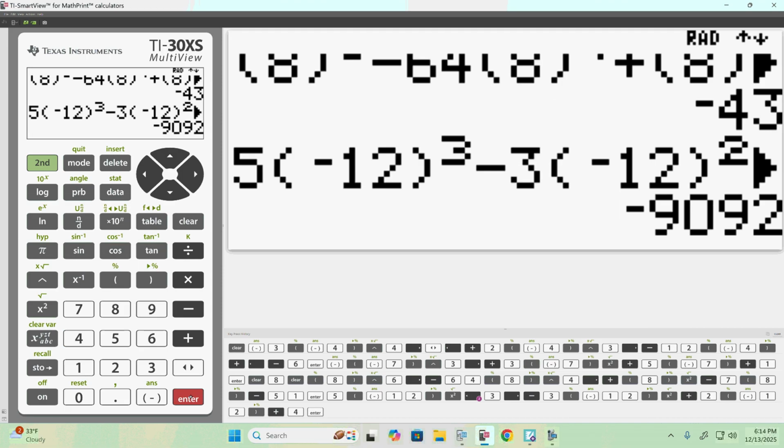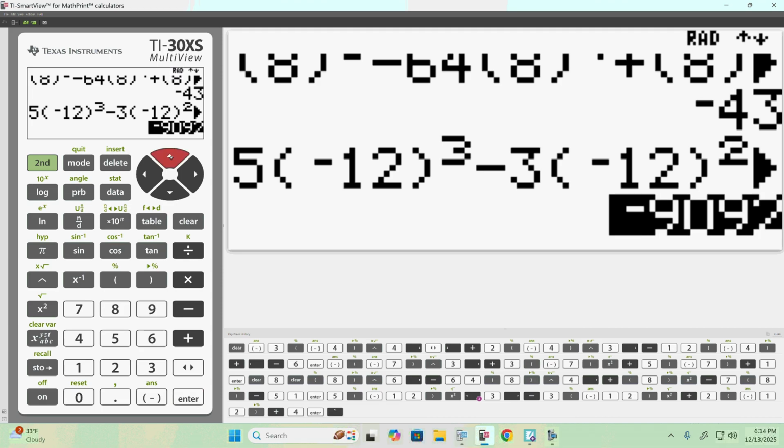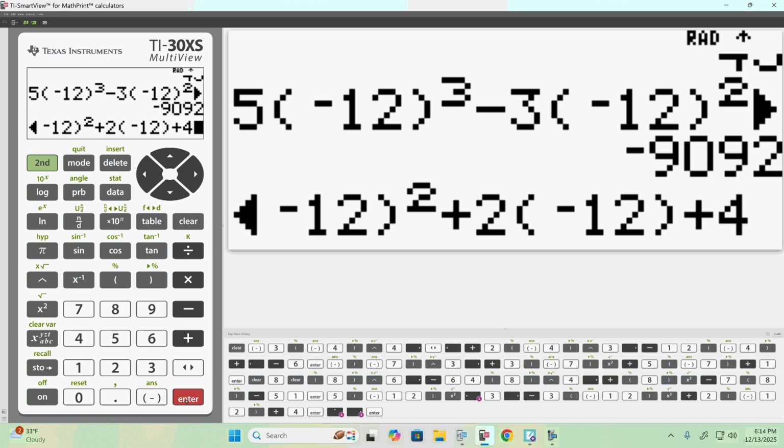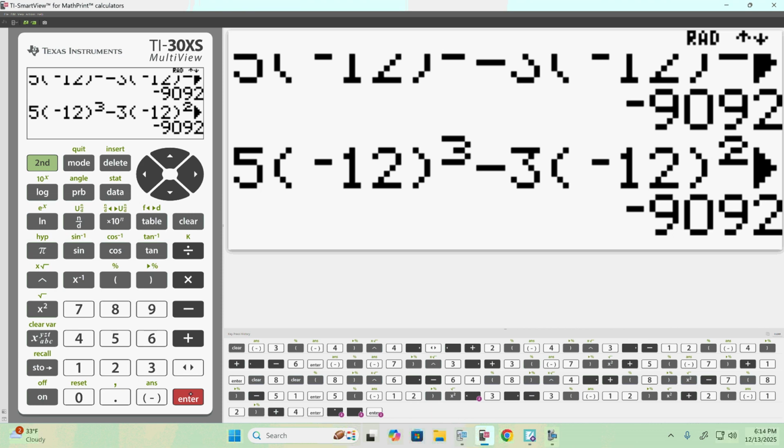All right, 5 times negative 12 cubed minus 3 times negative 12 squared plus 2 times negative 12 plus 4 is negative 9,092.